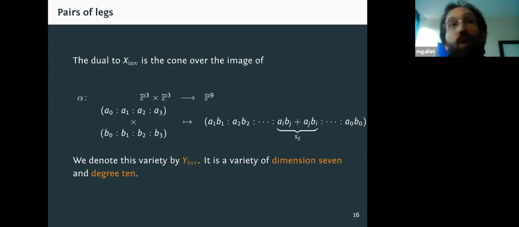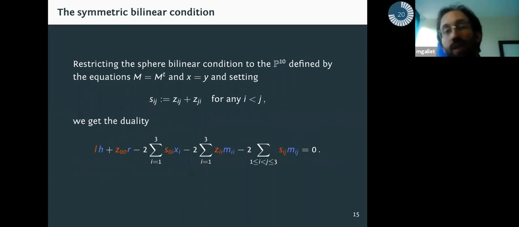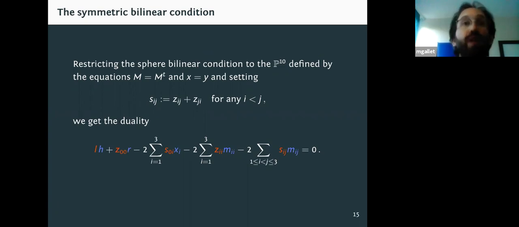And it's the image of the map that I showed you here in the picture. So this means that in this setting, X-inv and Y-inv play dual roles via the duality that I define here, in the same way as X and Y play dual roles with the initial duality. Namely, the duality can be used to compute which configurations are compatible with which legs, with which pairs of legs in this case.